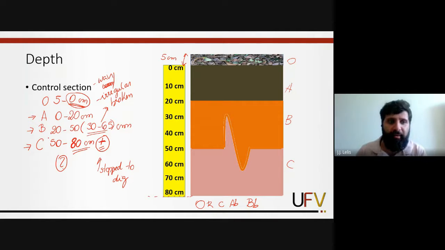The B horizon starts at 20 and ends at 50 centimeters, but I have an irregular boundary here, and here I saw the C horizon that starts at 50 centimeters and I stopped digging at 18 centimeters, and I don't know what I can find below this depth. Okay.